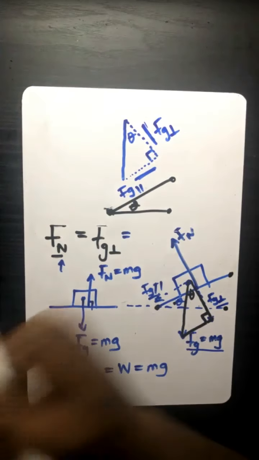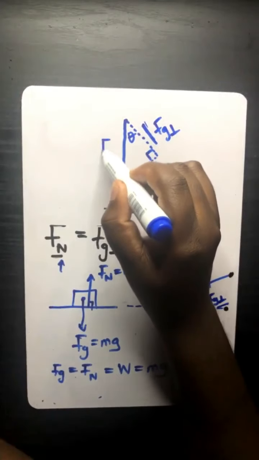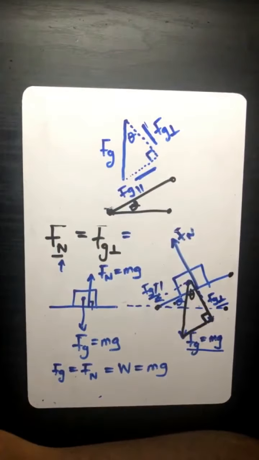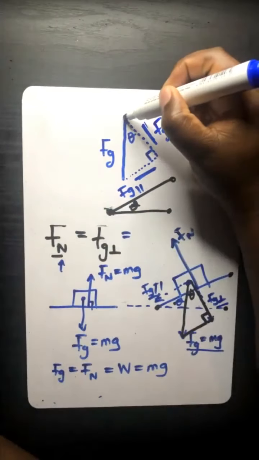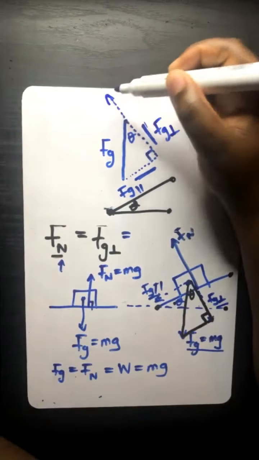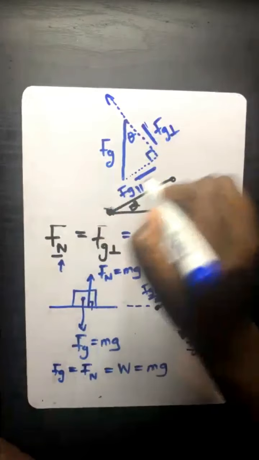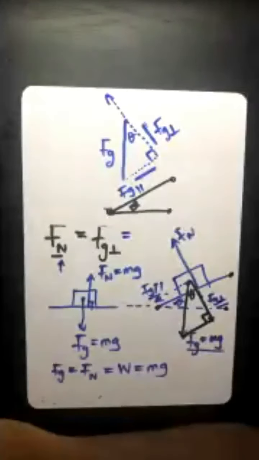So which means if FG is the hypotenuse, for us to calculate the normal force, we will need to use trig ratios to derive equations there.